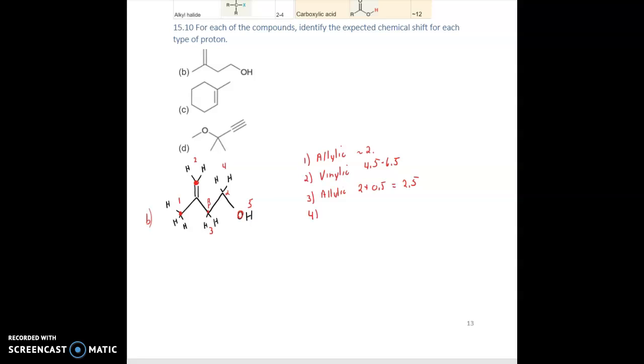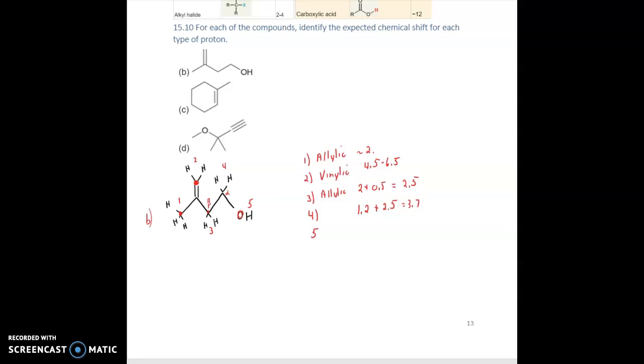The ones at 4, these are methylenes, and we've been using 1.2 for that. They are alpha to this oxygen, which adds 2.5 and gives us 3.7 as our answer. 5 is this hydrogen that's attached to the oxygen.